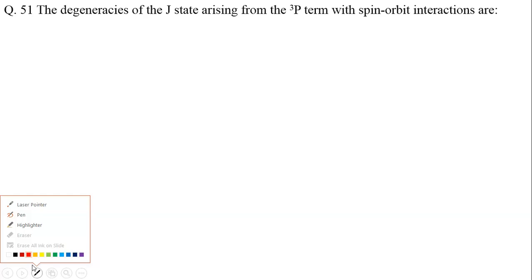So first we need to calculate what are the values of J we will be getting if we solve the 3p term by spin orbit interaction.